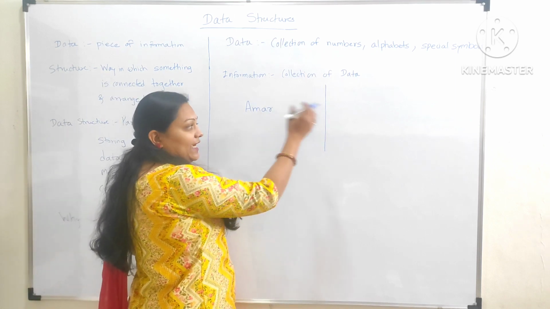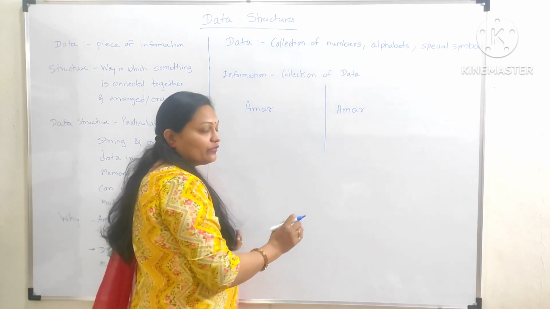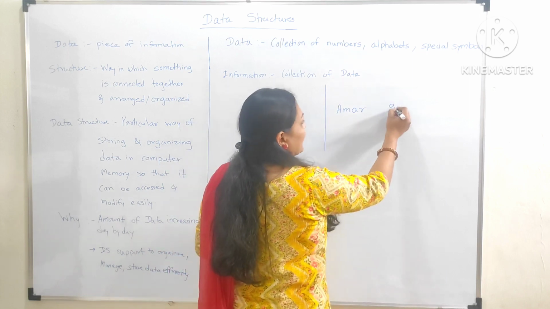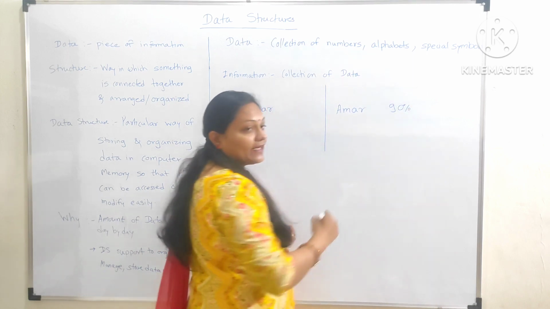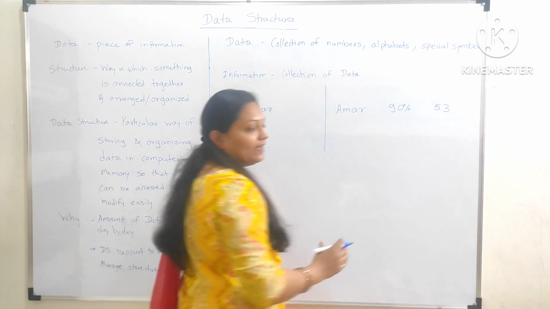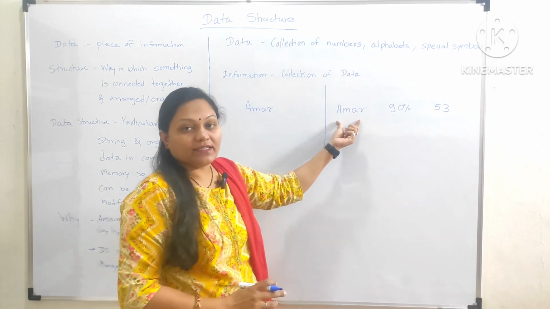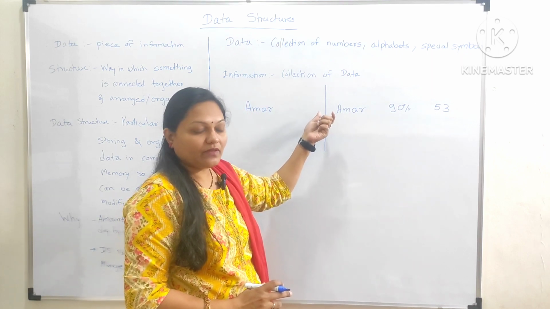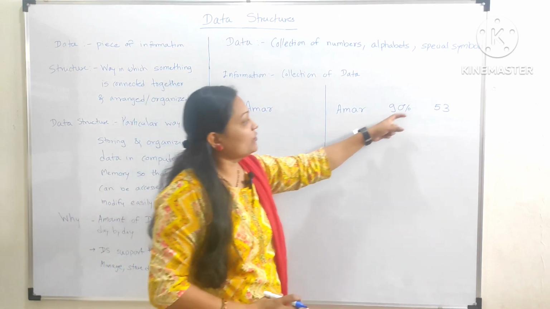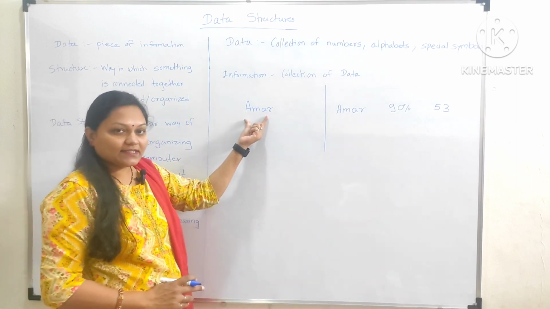In another sheet, if you maintain more data about Amar, for example, with the name of the student we maintain the attendance of the student, it is 90%, then the roll number of the student, it is 53, like this. It means we have stored more data about this data in the information. This we can say as information, where we are storing more data about this data, and this we can say as data.